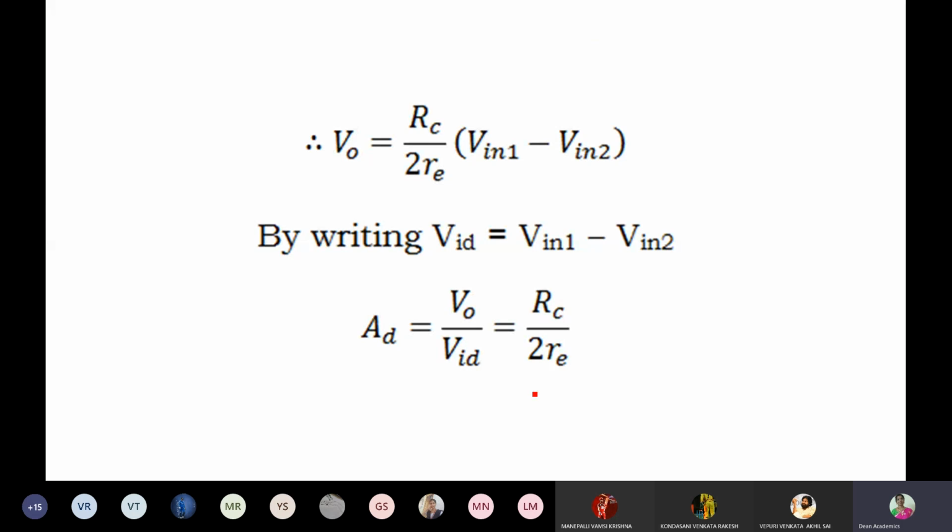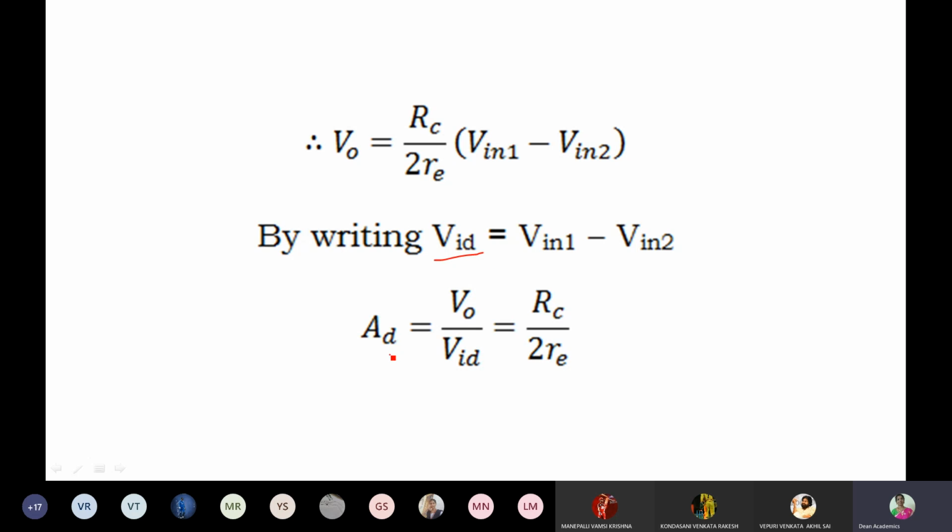Therefore, finally we have derived that V0 can be expressed as RC by 2RE into Vin1 minus Vin2. The difference between these two input voltages, Vin1 minus Vin2, is also indicated as VID.